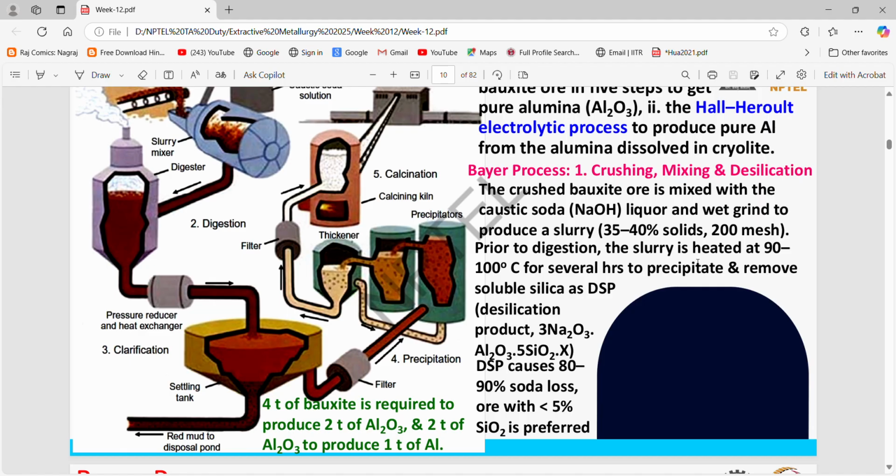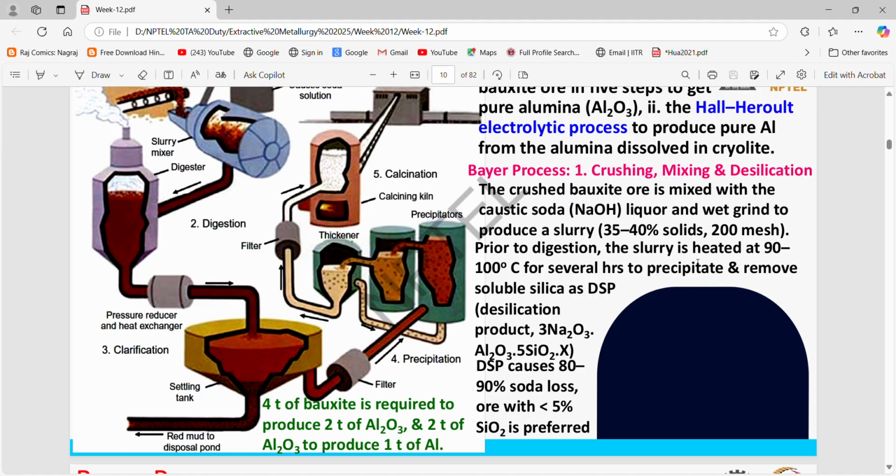Soluble silica is also known as reactive silica, which can react with acids or bases during the leaching processes. So what is going to happen when we create a slurry of crushed bauxite ore in the NaOH solution?